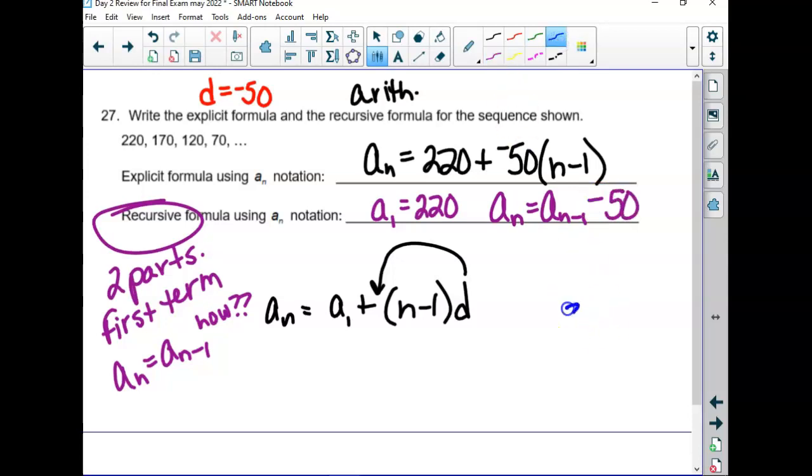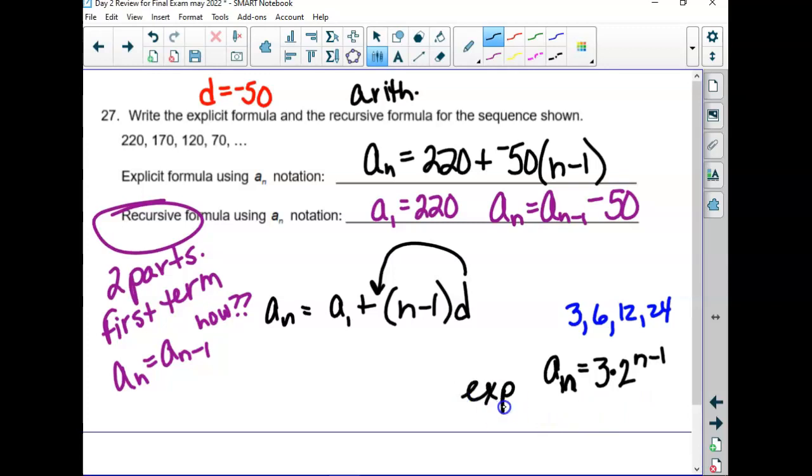I'm going to go super fast through an example. If it was geometric, guys, okay, if it happened to be geometric, you would say the formula is 3 times 2^(n-1), and you could put the 2 in parentheses. That would be explicit, right?